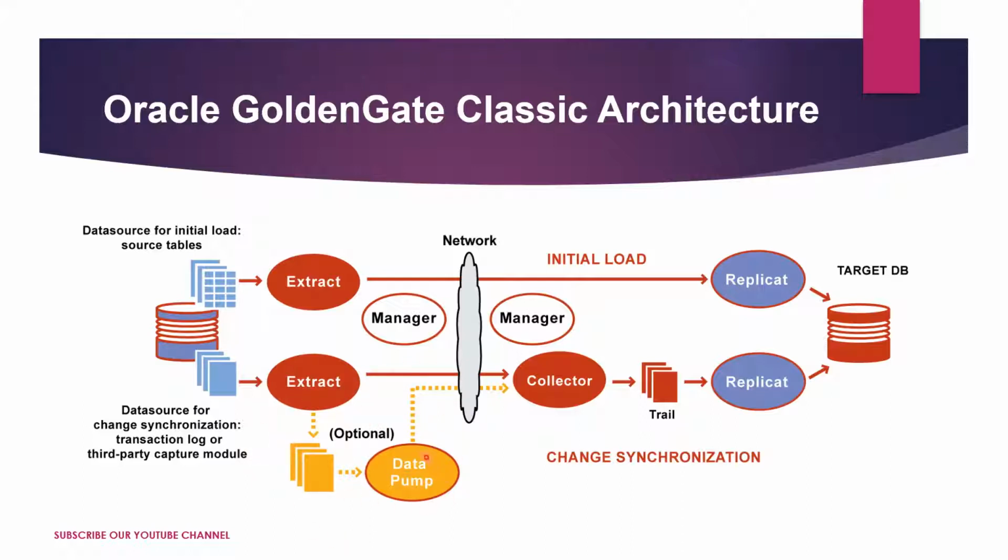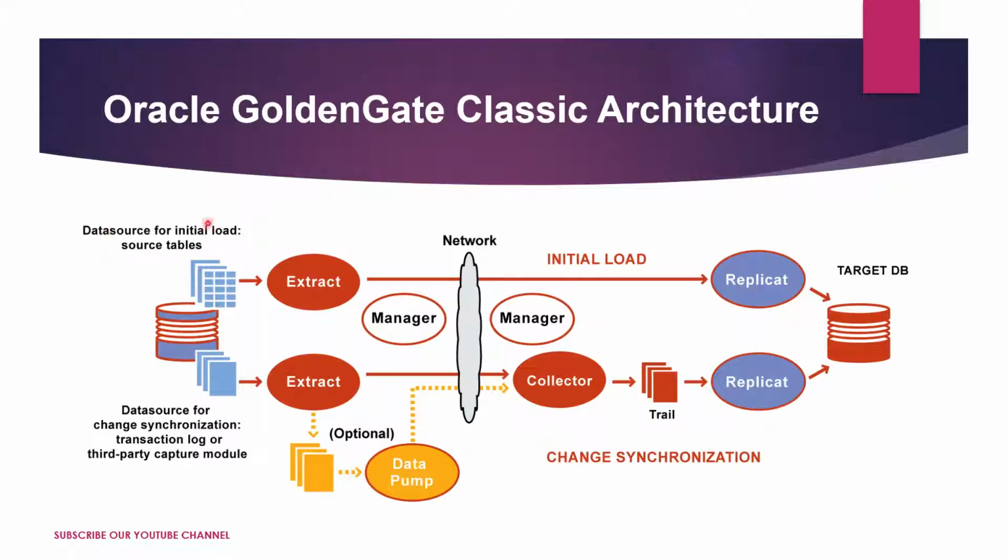This is also an extract process, running locally, capturing the data from the extract and storing it here, and from here it gets transferred to the collector process. After that, the collector stores this data in the remote trail files. After that, the replicat applies those changes on the target database.